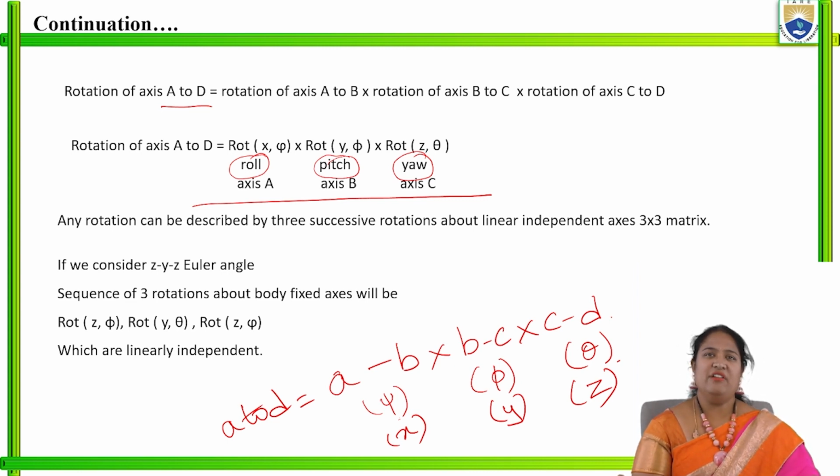Clear? Generally, we call it the rotation of the roll, or the rotation of the pitch, or the rotation of the yaw. It will be taking place in three different directions, x, y, z, or three different axes, A, B, and C.